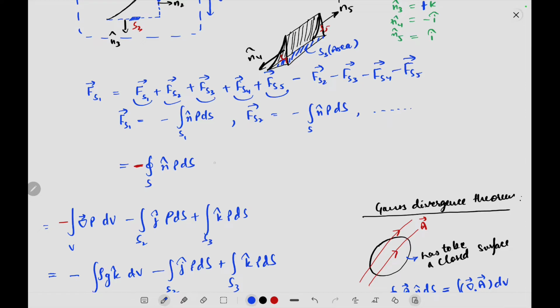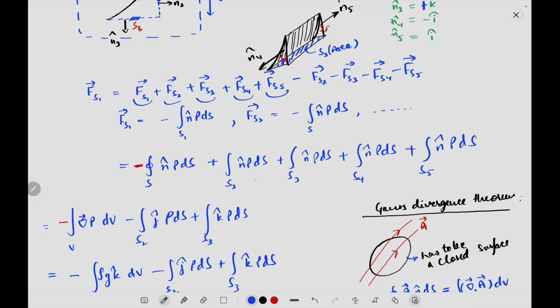Then what we have is plus integral, since this is minus and FS2 was itself negative, so this will be plus integral over S2 n hat PDS plus integral over S3 n hat PDS plus integral over S4 n hat PDS plus integral over S5 n hat PDS.